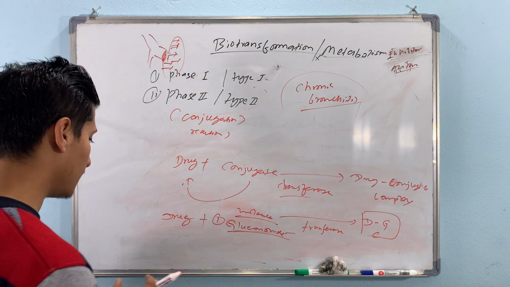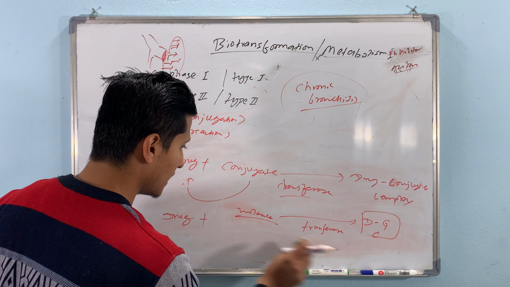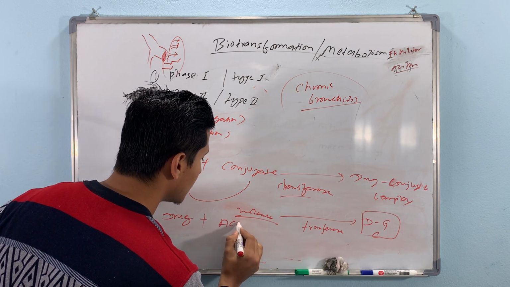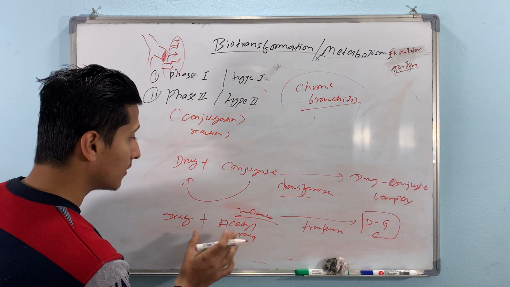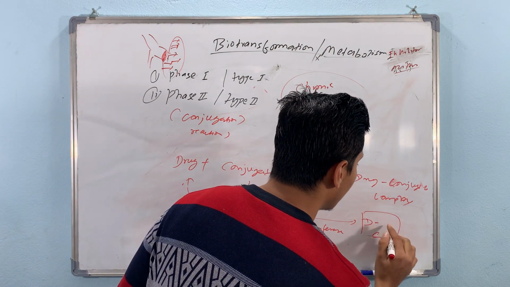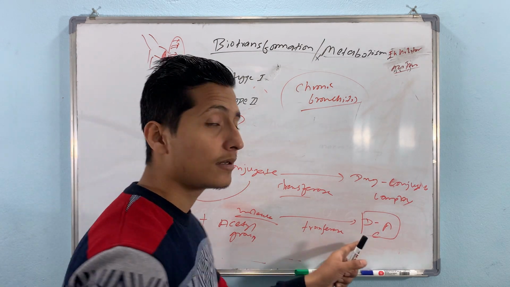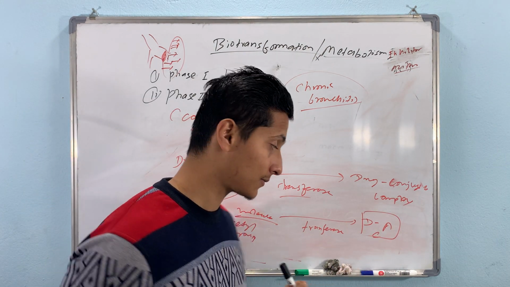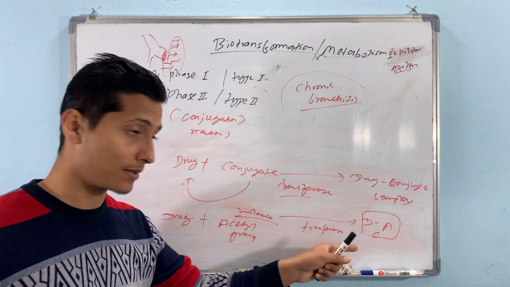And now what if in place of the conjugate glucuronide, there's an acetyl group? If there's an acetyl group, then the acetyl group is transferred onto the drug by the help of transferase enzyme, and that's a drug acetyl complex. So this is a new conjugate and drug complex that's formed in this reaction.